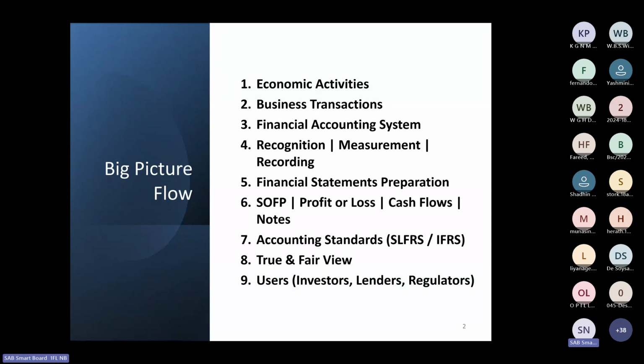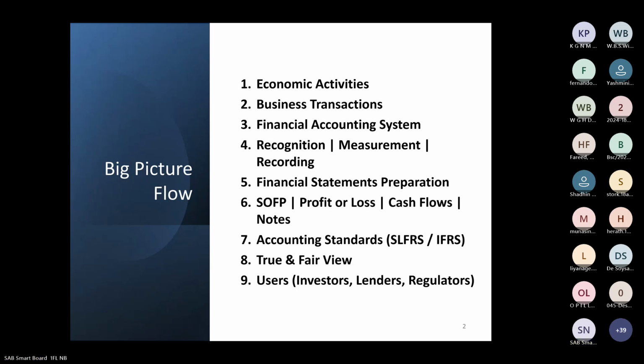Based on those, you record into the primary recording books, the journals, and based on the journals you post to the ledgers. The ledgers cover all these transactions, recorded using the double entry system.